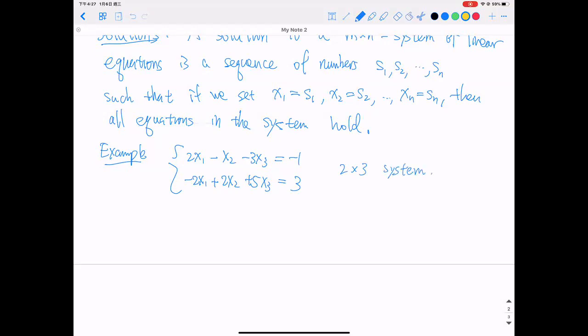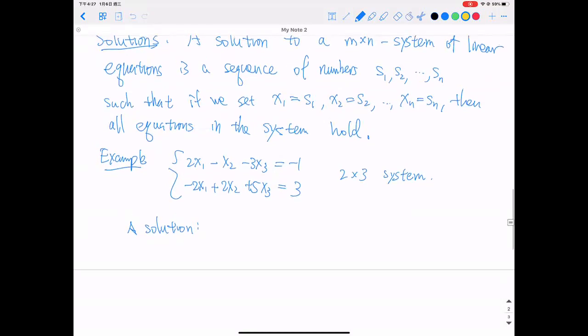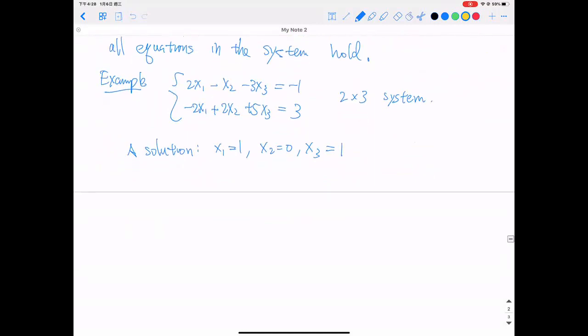Now a solution for example would be x1 equals 1, x2 equals 0, x3 equals 1. And we can check that this indeed is a solution.